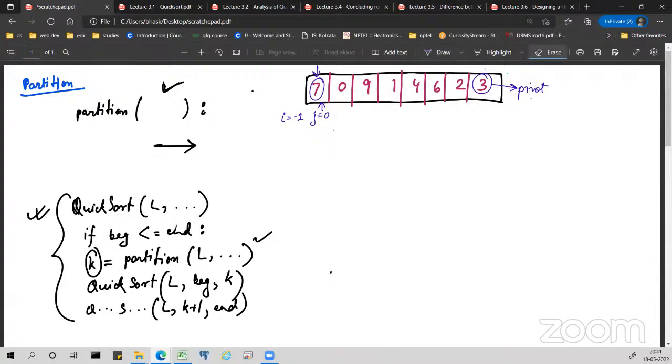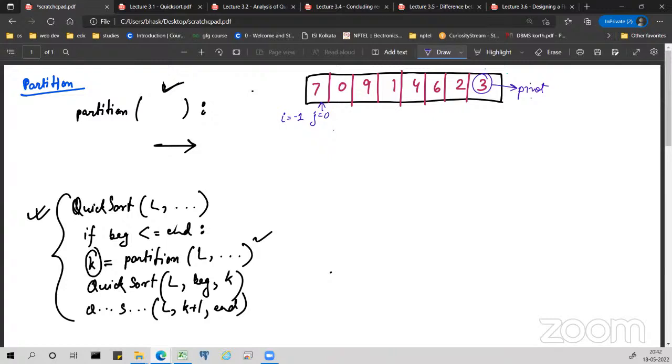Since sir has used the first element as the pivot in the lecture, I am using the last element. That way both ways would be covered. You can also use any middle element, right? And that is an activity for all of you. You can check after you understand the algorithm. Just check what happens if I use some middle element as the pivot and work accordingly.